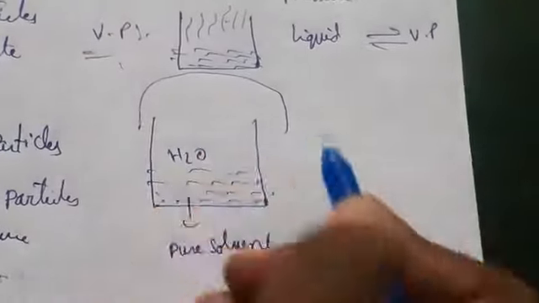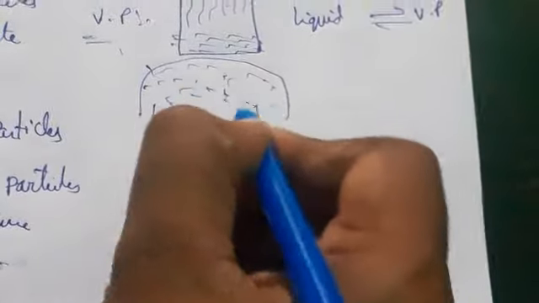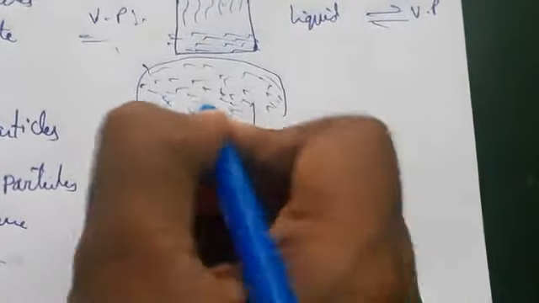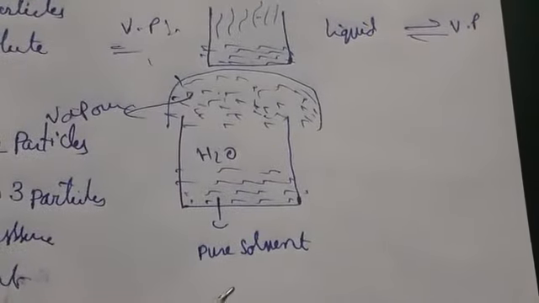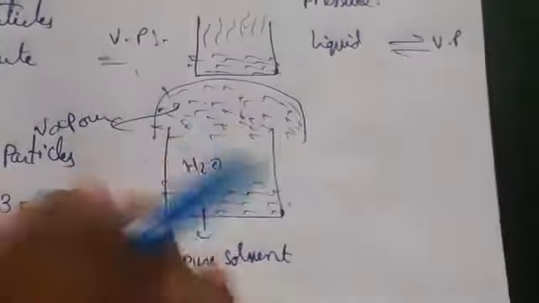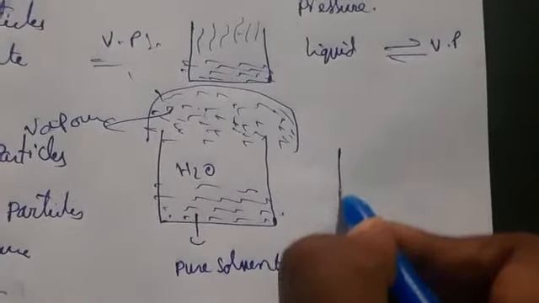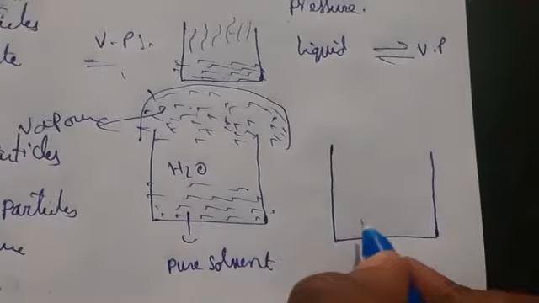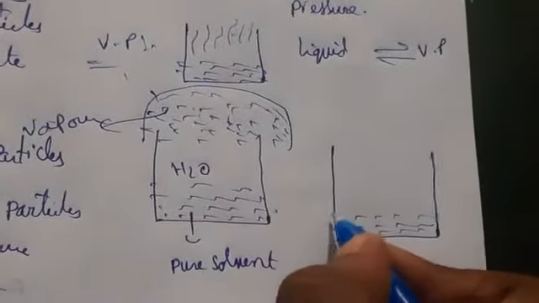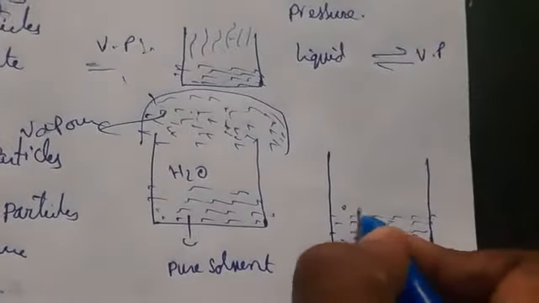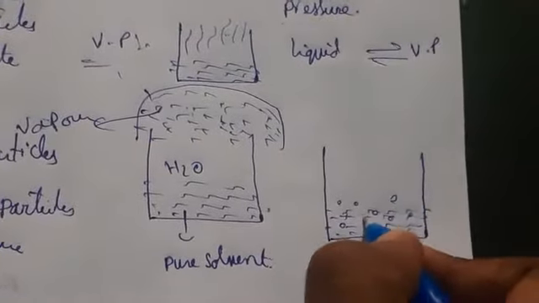Let us take a closed vessel where the vapors are coming. These are vapor molecules, the gas molecules, and these are liquid molecules. This is pure solvent without adding anything. Now if I take a solution, I have added some salt, NaCl, to this water.